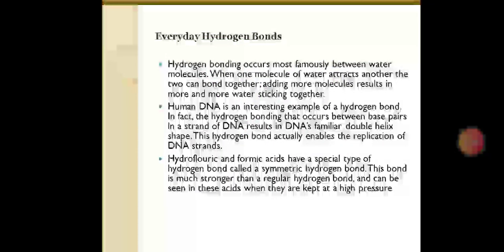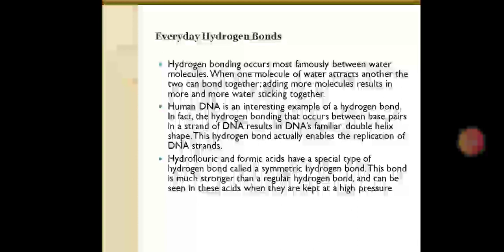All right, where in everyday life are hydrogen bonds applied? Hydrogen bonding occurs in water, and the unusual behavior of water is due to the presence of hydrogen bonds. Similarly, in human DNA, the various structures are held by hydrogen bonds.